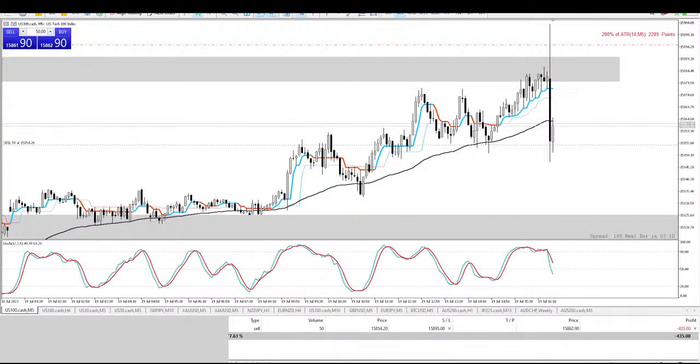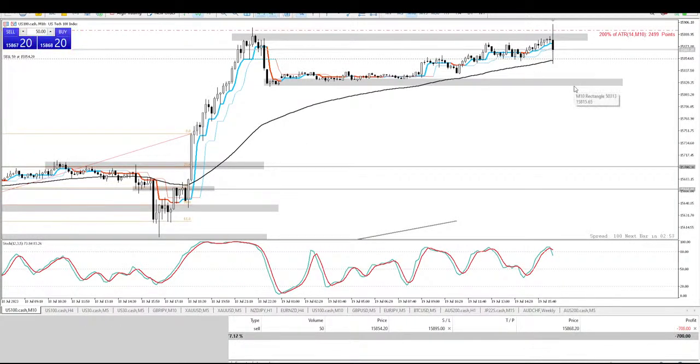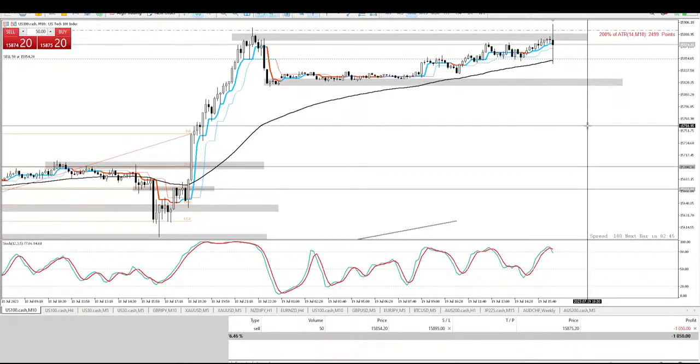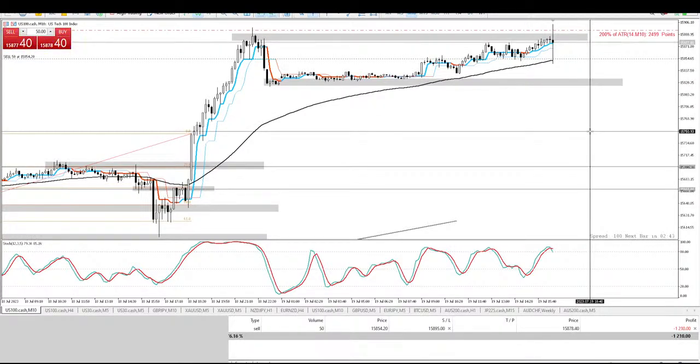This is kind of just an open scalp in a way. So you could take profit if it does come down to 15,825, or try to hold till we get to 15,750.